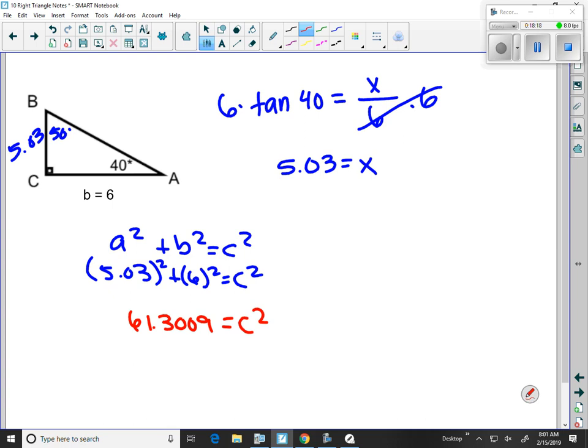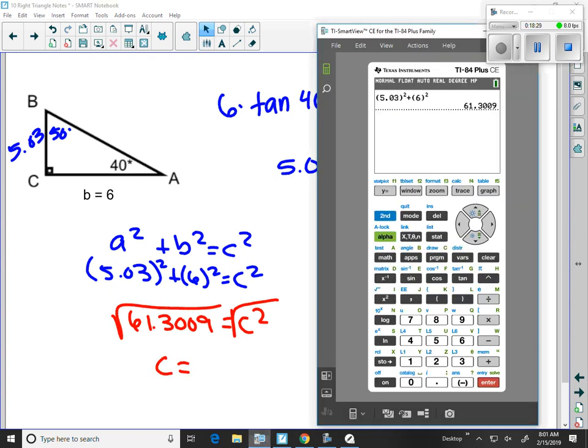To get C by itself, how do I get rid of that square? Square root. So you're going to square root your answer. You get 7.83.